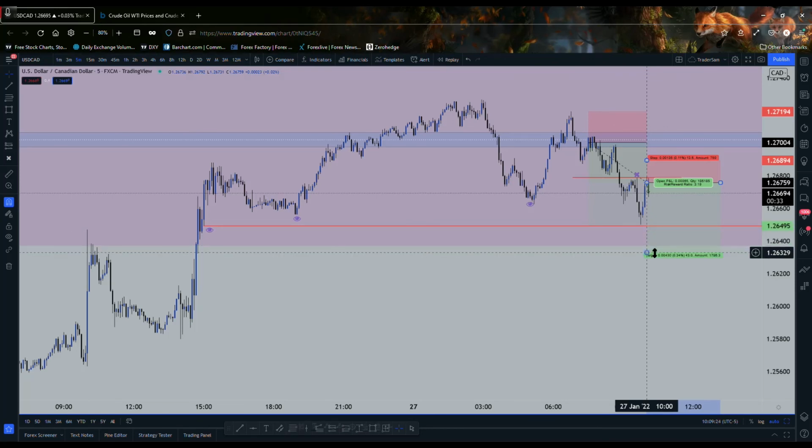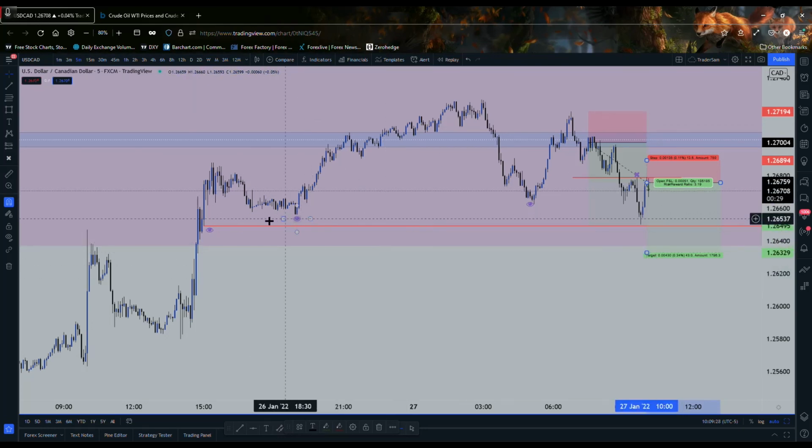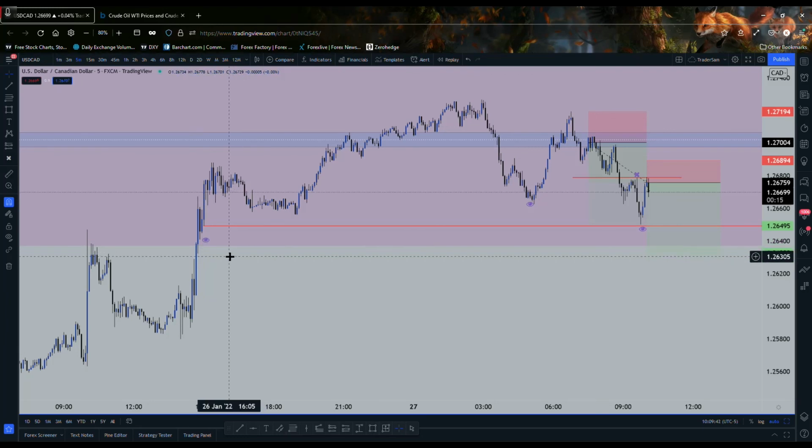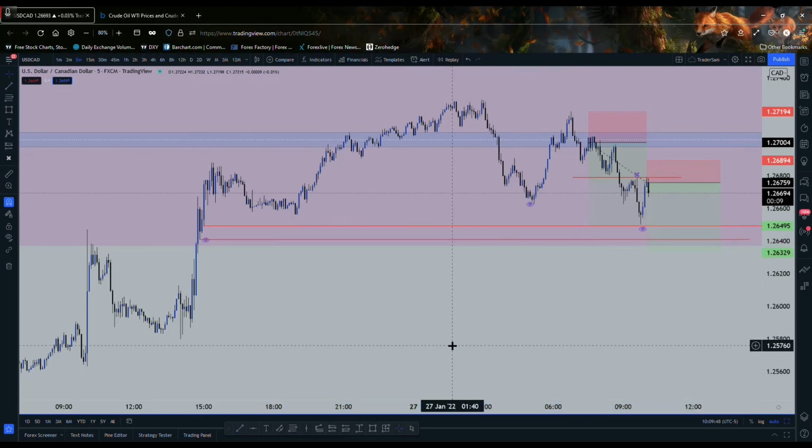You know, keeping these targets alive. So essentially, this is one, and just below, let me see, right here, fair value gap.